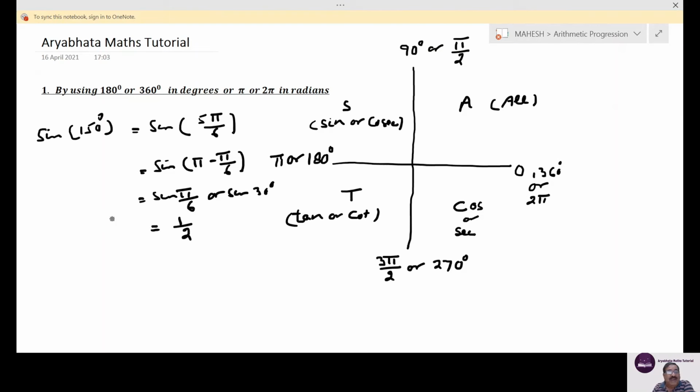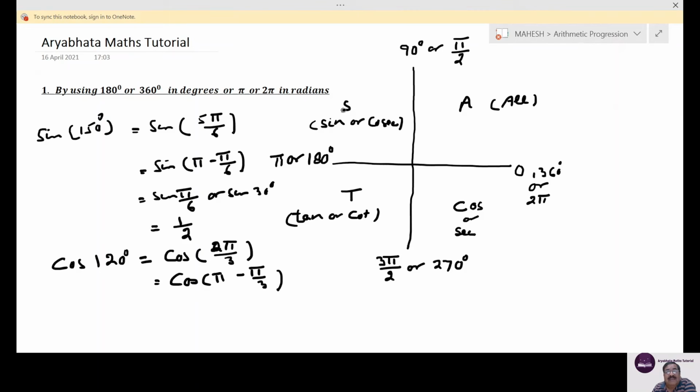Suppose we have to evaluate cos 120 degree. It can be represented as cos 2 pi by 3, that is cos of pi minus pi by 3.